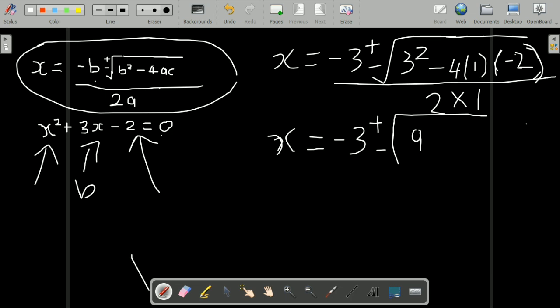So multiply the 4 by the 1, which is a 4, then a 4 multiplied by negative 2. What do you get? We get negative 8. In order to get the right answer, we have to first ignore the sign after b squared, you understand? So over 2.